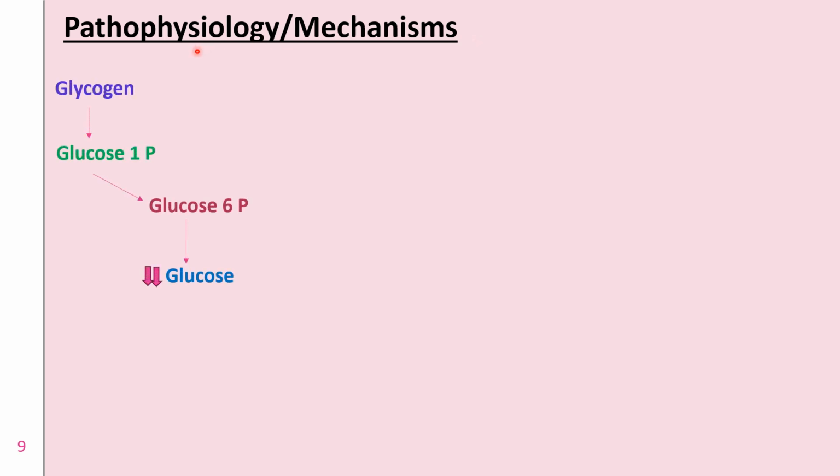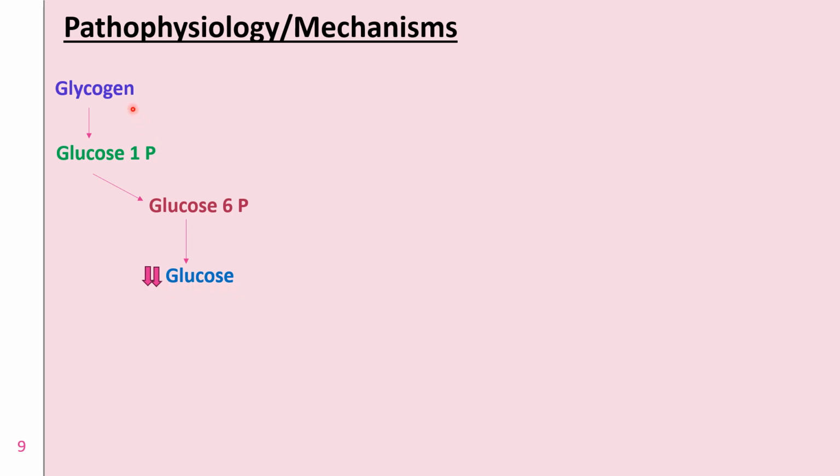To understand this, let us see the basic glycogenolytic pathway. During the fasting period, glycogen, which is the stored form of energy, gets converted to glucose, which provides the energy during the fasting period or in between the meals. How does this happen? Glycogen gets converted to glucose 1-phosphate, then glucose 6-phosphate, and finally glucose.